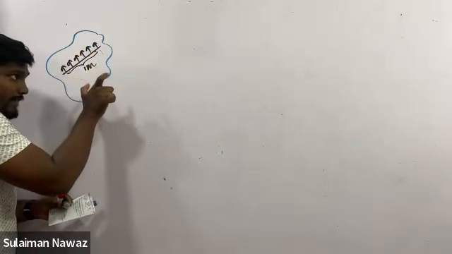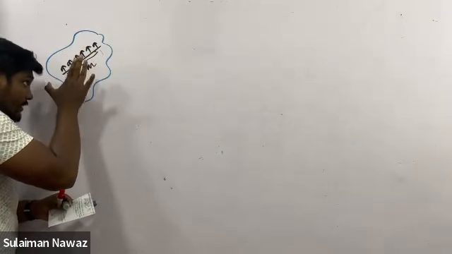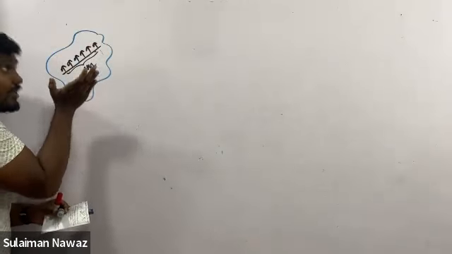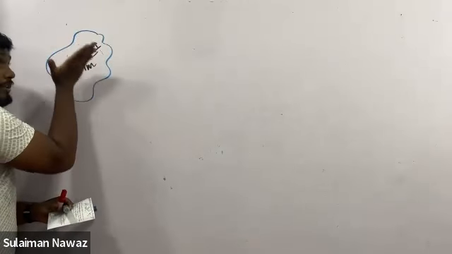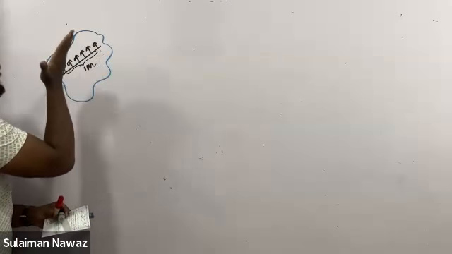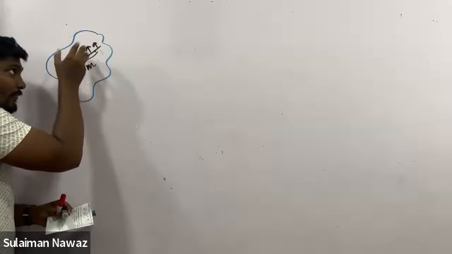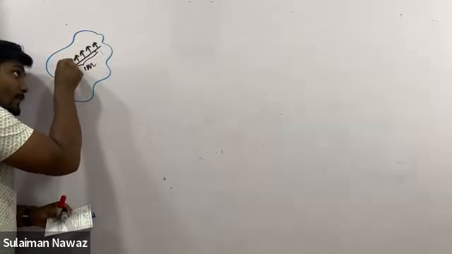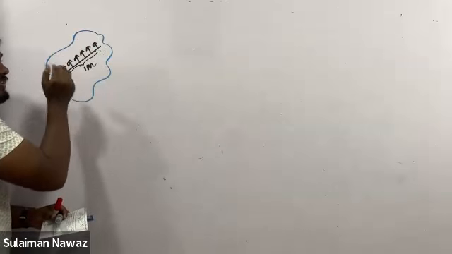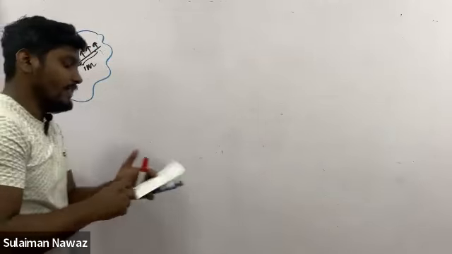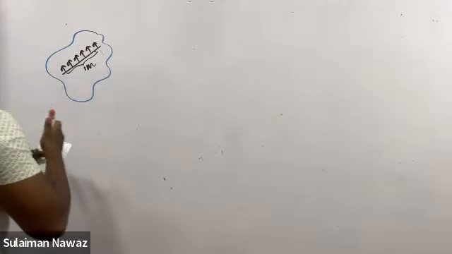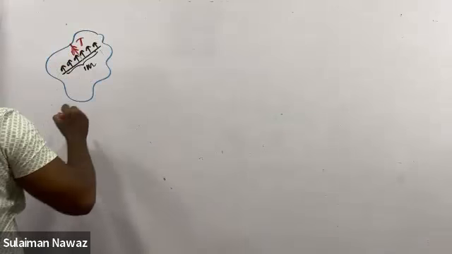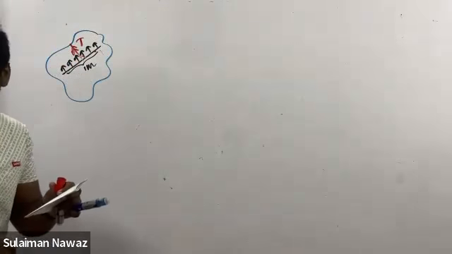If I consider a 1 meter long imaginary line on this liquid surface, the resultant tension force acting perpendicular to that imaginary line, only in one direction, we call surface tension. Surface tension, capital T, is the resultant tension force acting in one direction, perpendicular to the line, right?